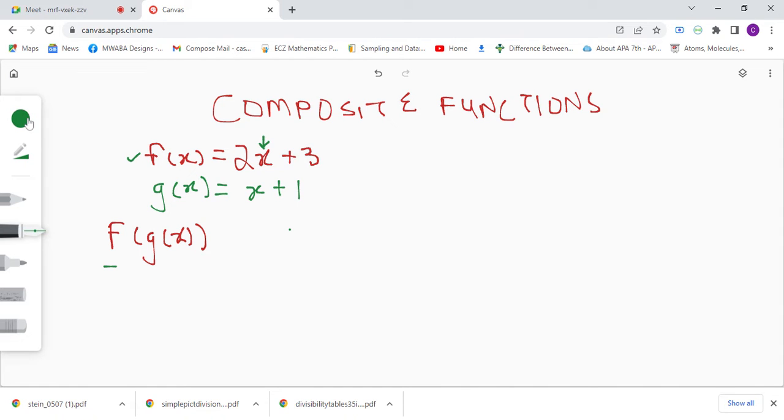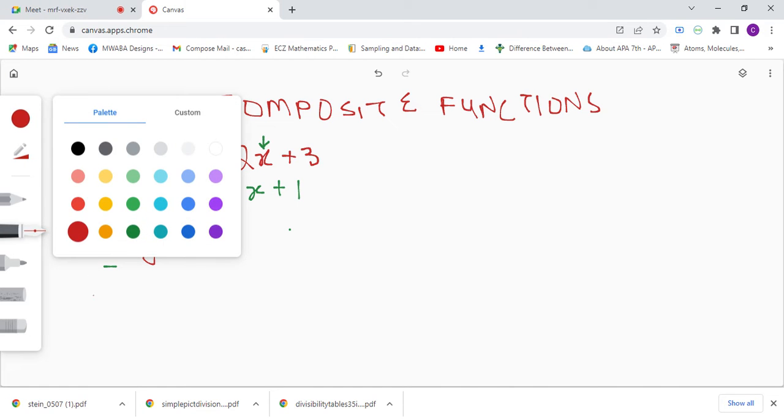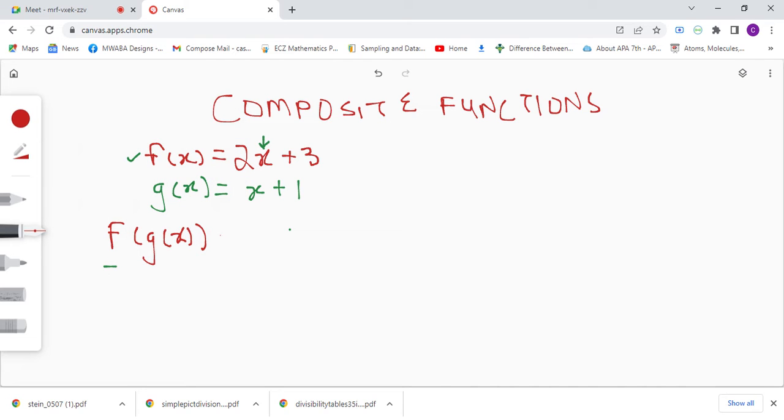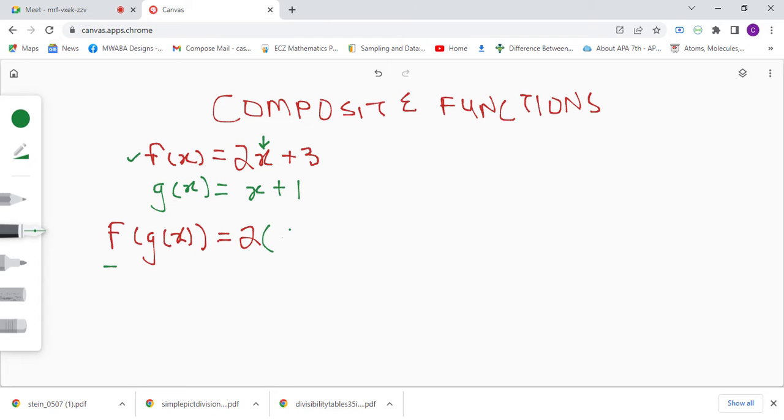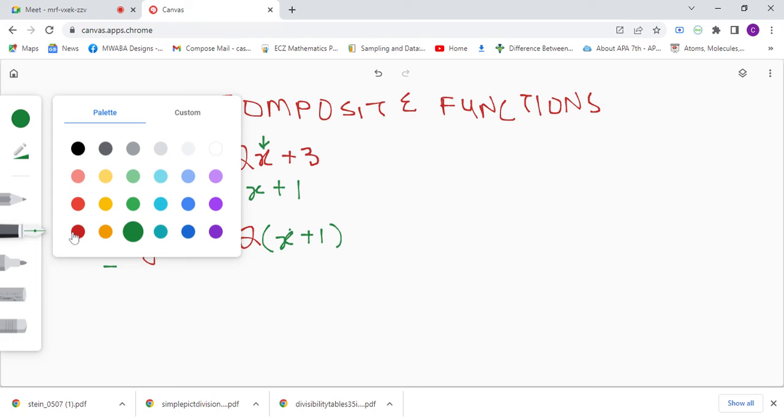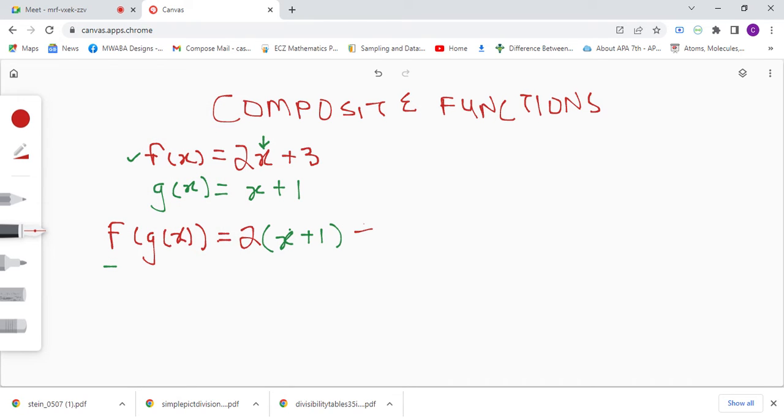So we can write it like this: f g of x equals 2 open bracket. So this x, we're replacing it with the g function. So we're going to put x plus 1 here, plus 3.